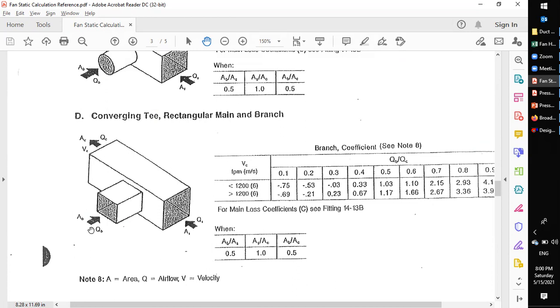It's actually helping the air to transfer from this point going here. That's why the value is negative, because the flow rate here is very high compared to here.